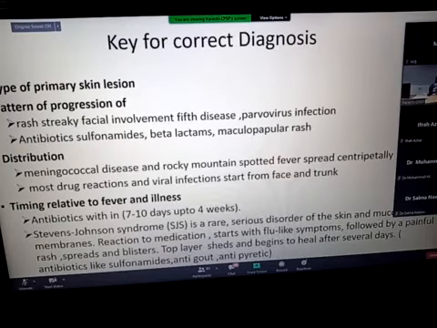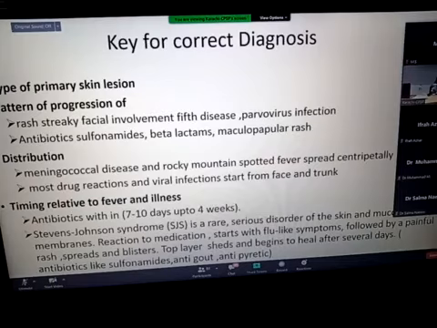What are the key factors to the correct diagnosis of the disease? There are a few variables which should be taken into account, like type of the primary skin lesion. What type of lesion is there? We are going to discuss the types in detail later on in the presentation. The second thing is the pattern of progression, like rash in fifth disease caused by parvovirus.